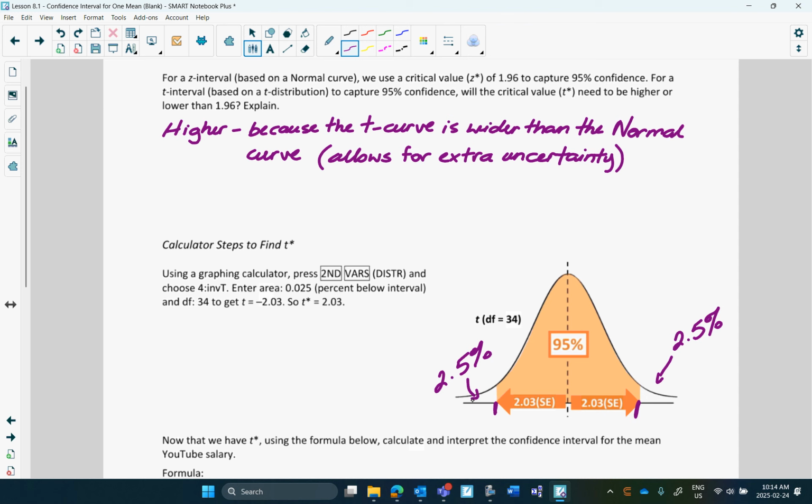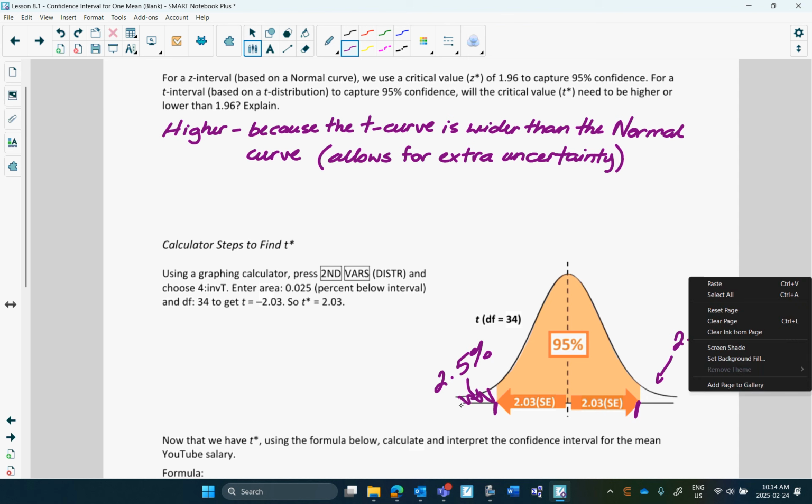So I can find this one here, because remember, I know some of you have a fancier graphing calculator where it says middle, left, or right, but the standard TI-84 always goes to the left. So I'm given this area is 2.5%. I want to find this value, and it's going to work out to be negative, but then I just change it to positive because it's telling me the number of standard errors.